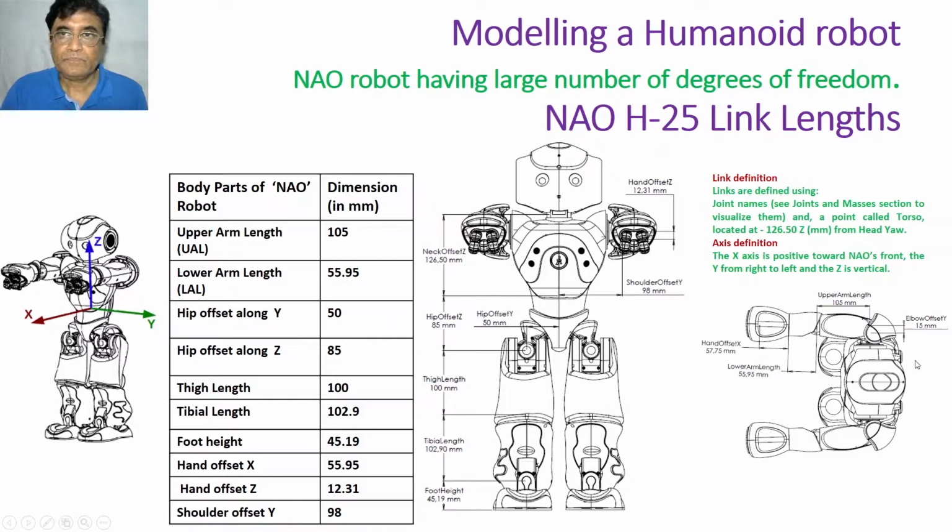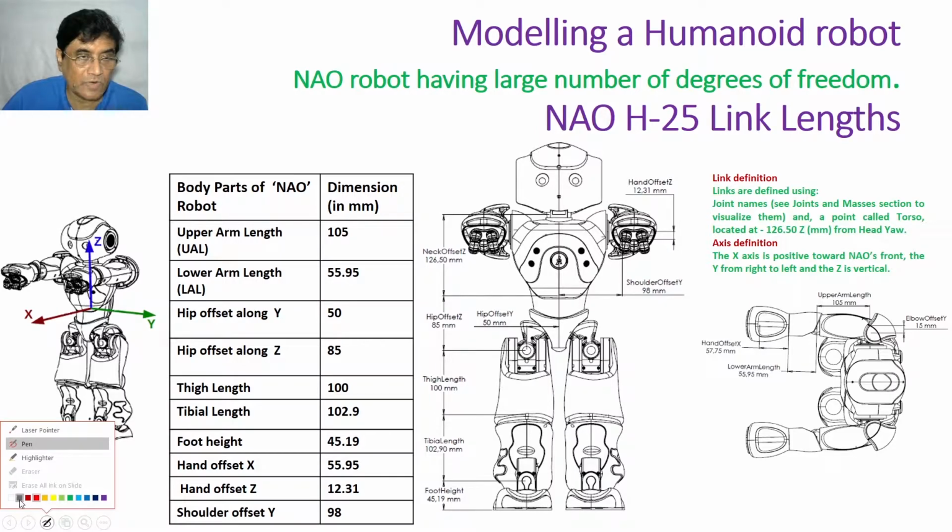More clearly, we are now discussing a humanoid having 25 links. This is the signature of the NAO robot, which is used mainly for education and research. And you see very clearly we have shown here at the torso of the NAO there is a coordinate frame which we can call a home coordinate frame or inertial coordinate frame.